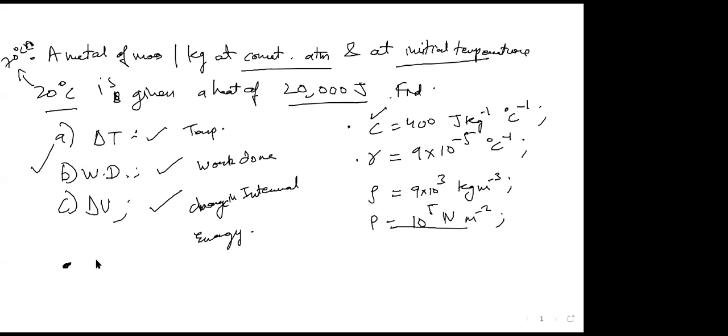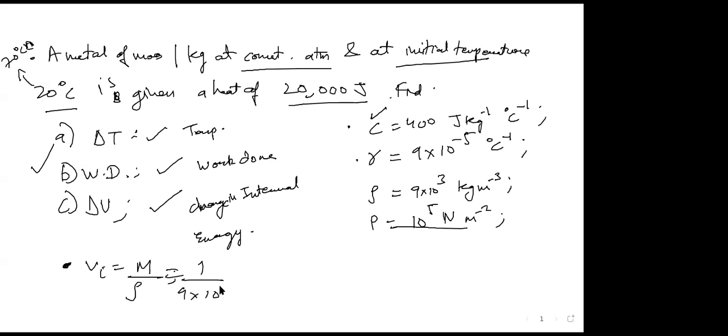Initial volume, mass by density is equal to initial volume. Yes, so initial volume is given by mass divided by density. Lovely. So it is 1 by 9 times 10 to the power minus 3 cubic meter.